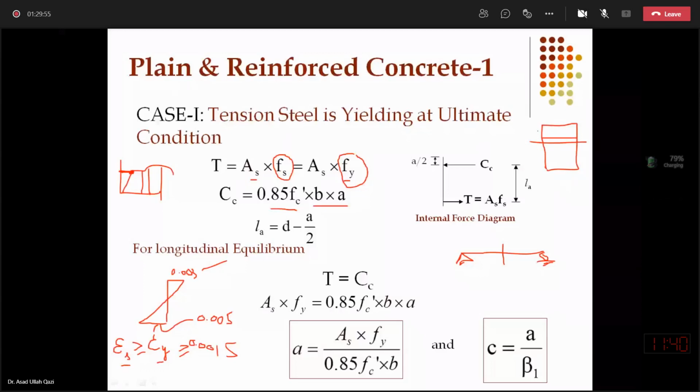As per Whitney's uniform stress block depth, we are saying that the CC is 0.85 fc prime uniform stress present on area B into A. In actual, the neutral axis depth is C. So this is the CC and this is T.